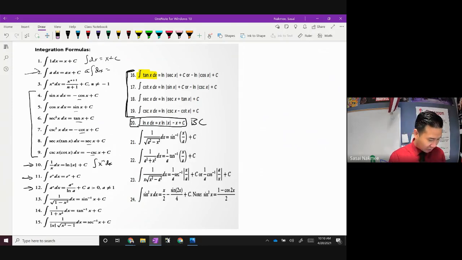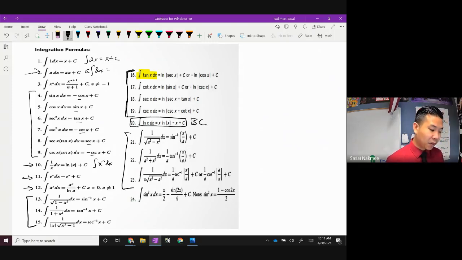And then, like I said in the past, we don't need to know all inverse trig functions and their integrals. You only need to focus on these 3: inverse sine, inverse tangent, inverse secant, or arcsine, arctangent, and arcsecant. They have it over here as well, and it's a little bit different. It's just in case that a is not 1.